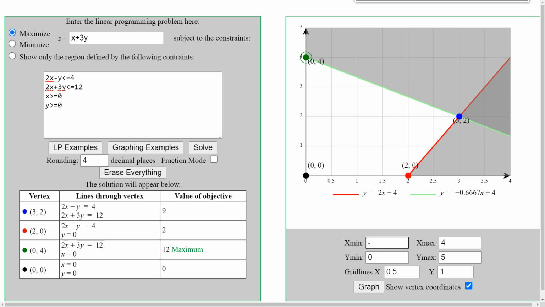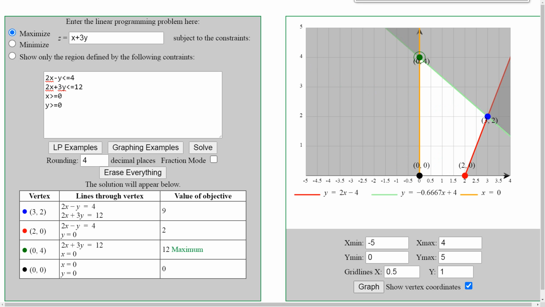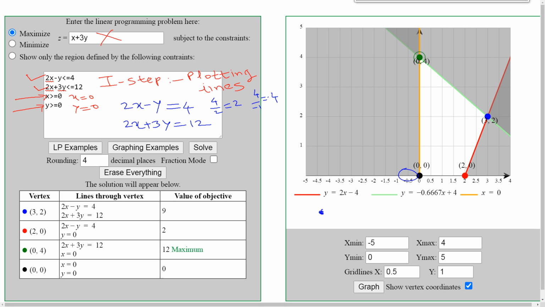I'll put here x as, say, minus 5. So the point on the x-axis will be 2 and the point on the y-axis will be minus 4.